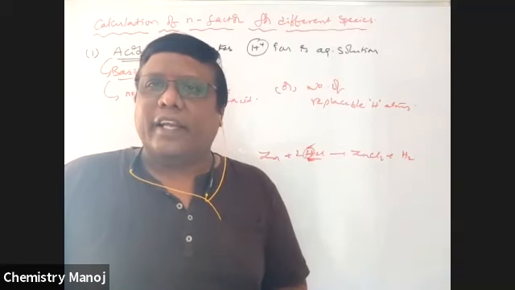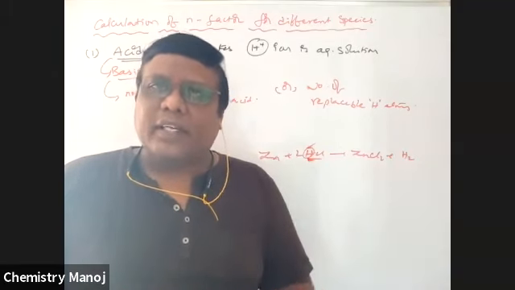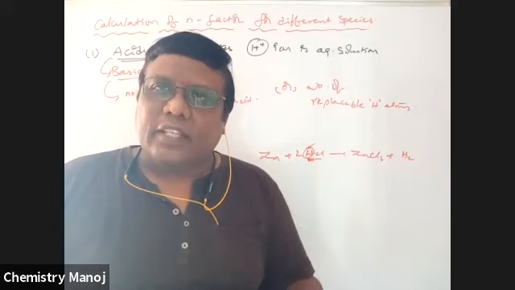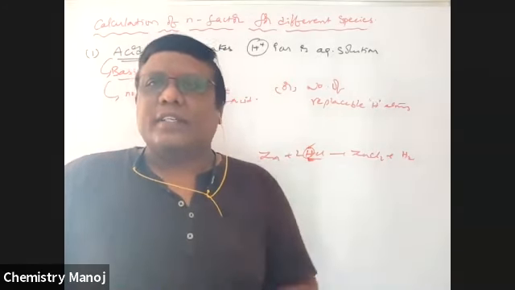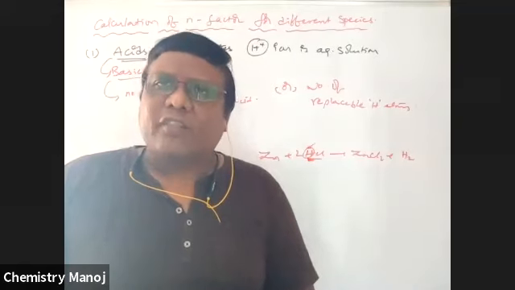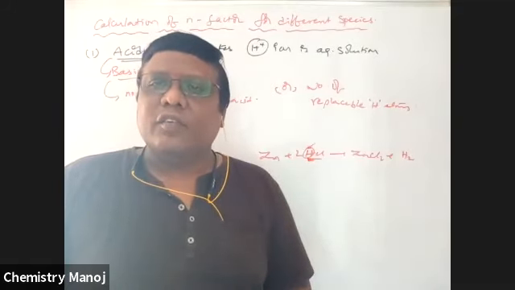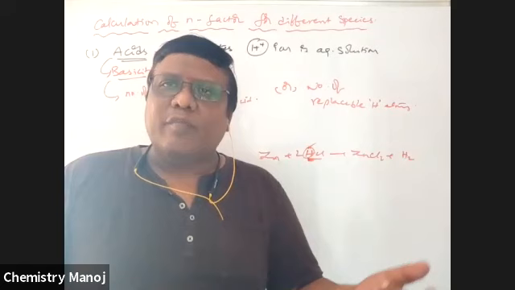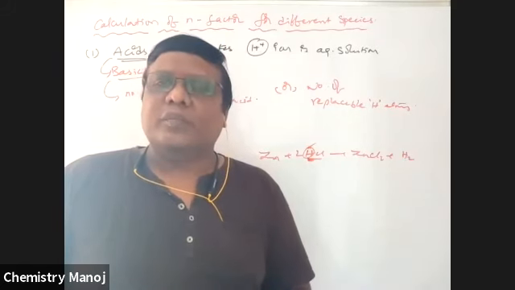Acids have basicity, and that basicity is the N factor for acids. How to find the equivalent weight of acids? Molecular weight divided by N factor is equal to equivalent weight.